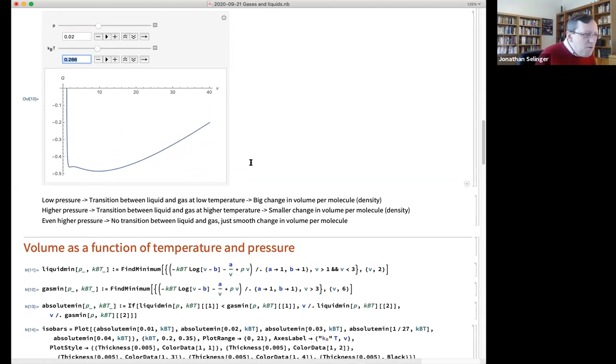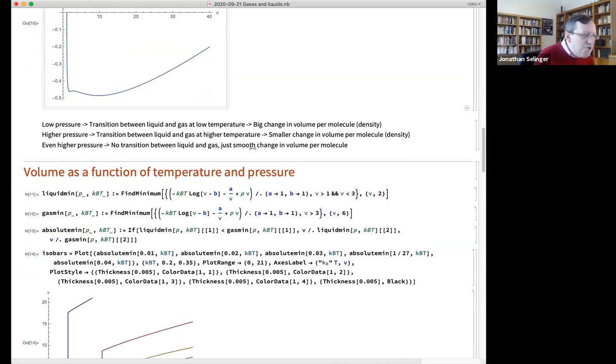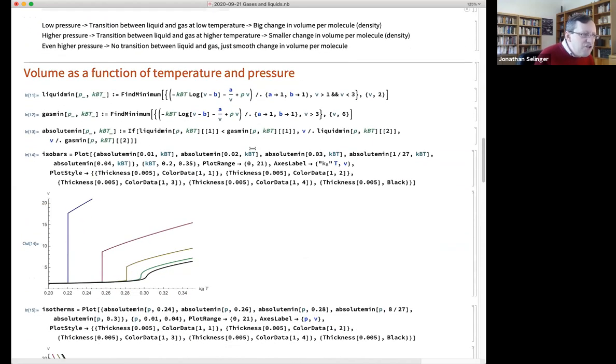okay? Now, here I was trying to be fancy and make Mathematica code that would actually find the minimum for me, okay? So this is the plot generated by this fancy Mathematica code, but it's not necessary. I could just make a table and then plot the numbers in my table.